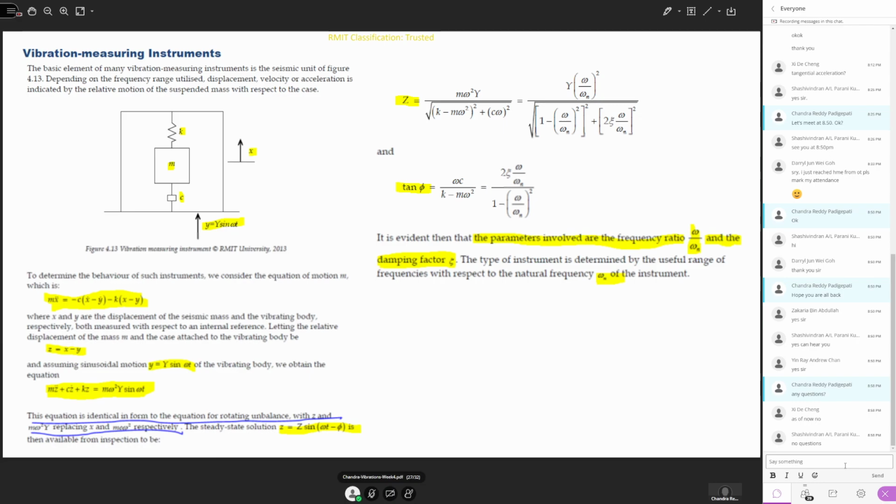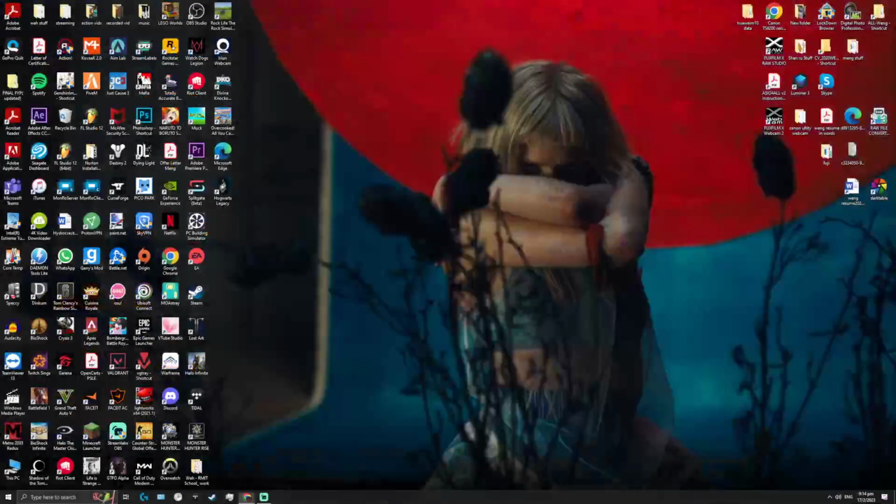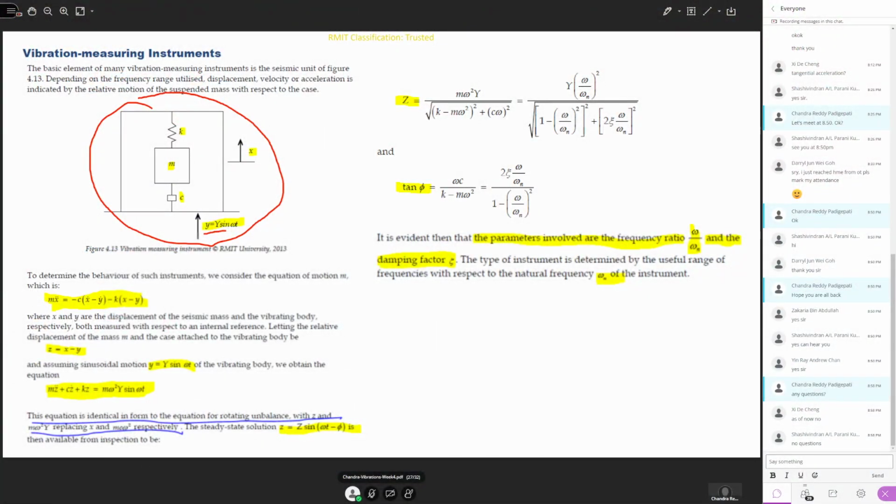The governing equations are exactly the same, and the analysis is also exactly the same. So we can use the base movement of a forced vibratory system for measuring vibrations.